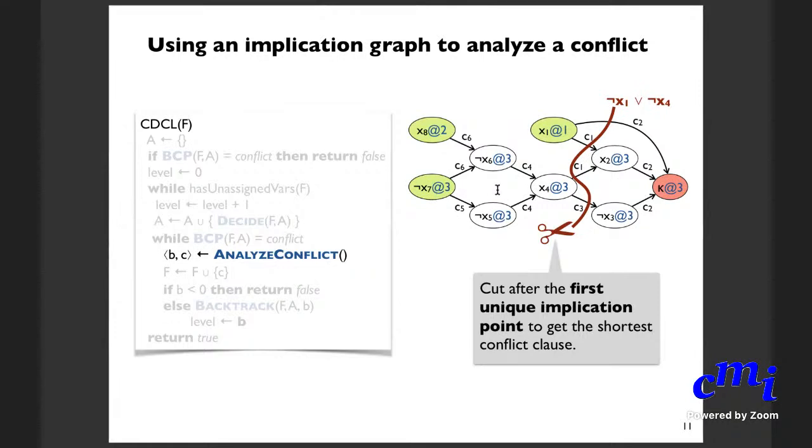So certainly adding all clauses that have unique implication points is one way of preventing all kinds of conflicts that happen as a result of this decision. Okay. Yeah. So you can add more clauses here to get that guarantee that you asked for.